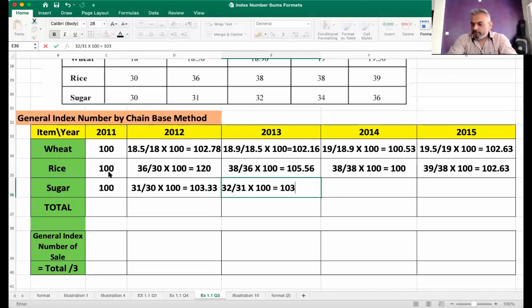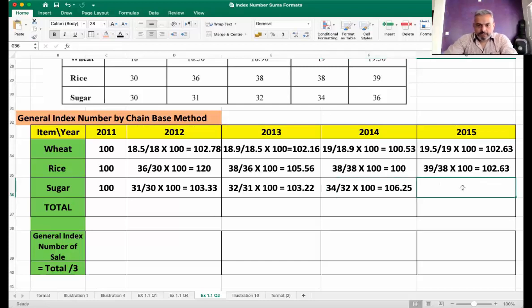which is 103.22. Then 34 divided by 32 into 100, 106.25.